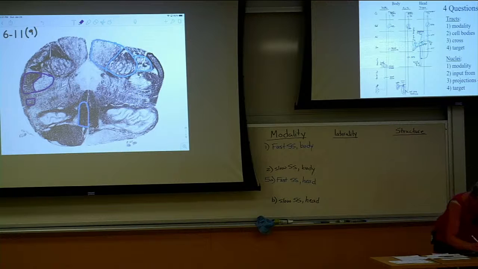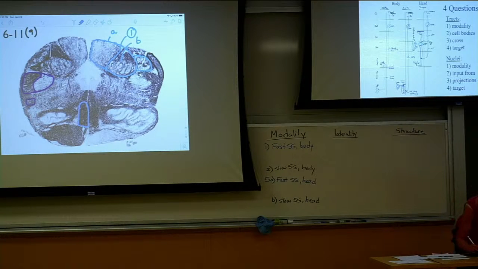And the dorsal column nuclei are located right here. And we've got nucleus gracilis as well as nucleus cuneatus. And I'll write all these names up on the board in just a moment.